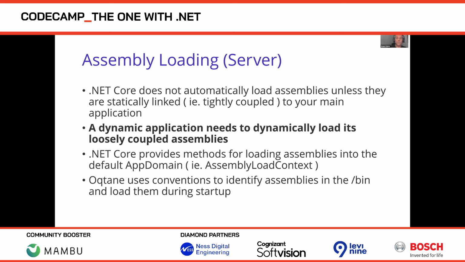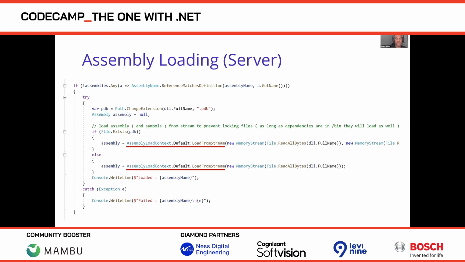So you have to come up with a method for loading those assemblies dynamically yourself. And there, of course, Microsoft does provide the capabilities to do that. And so, of course, Octane uses the assembly load context to load assemblies from the bin and loads them into the app domain so that they can be used. But again, this is something that the framework has to do manually because .NET Core does not do this automatically.